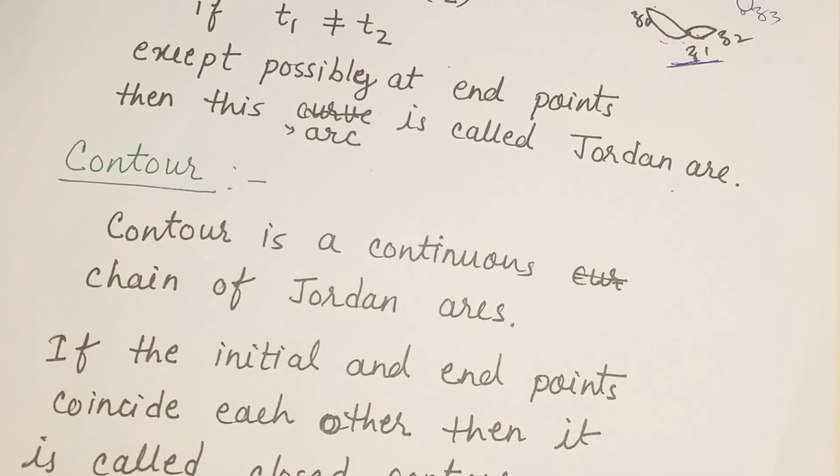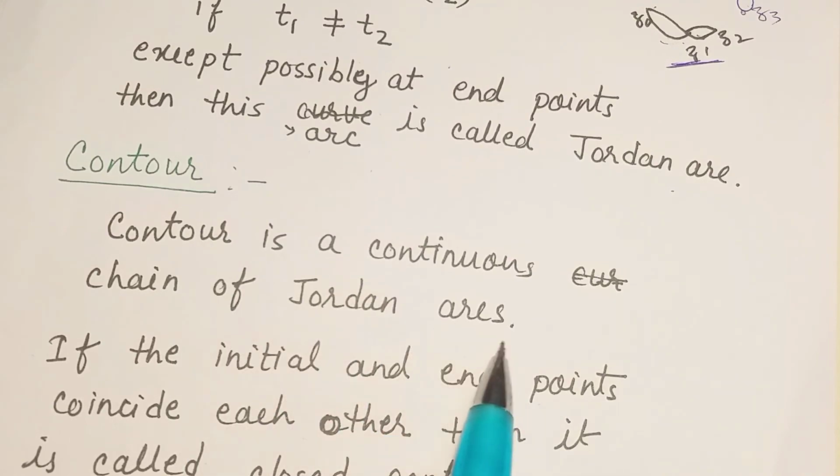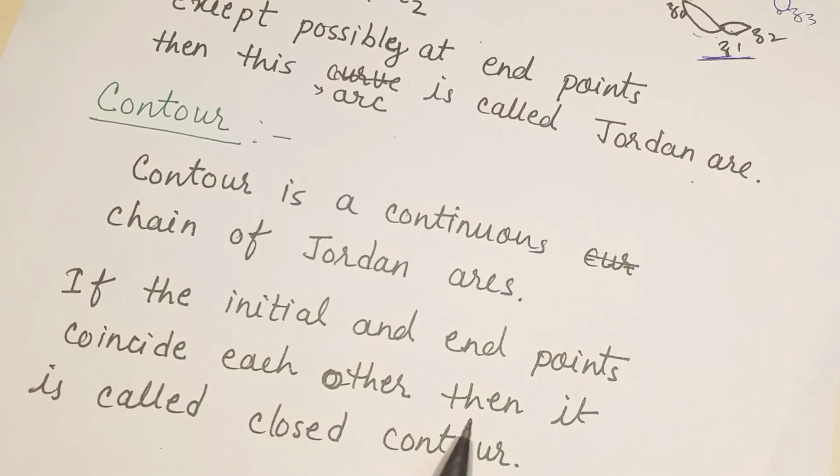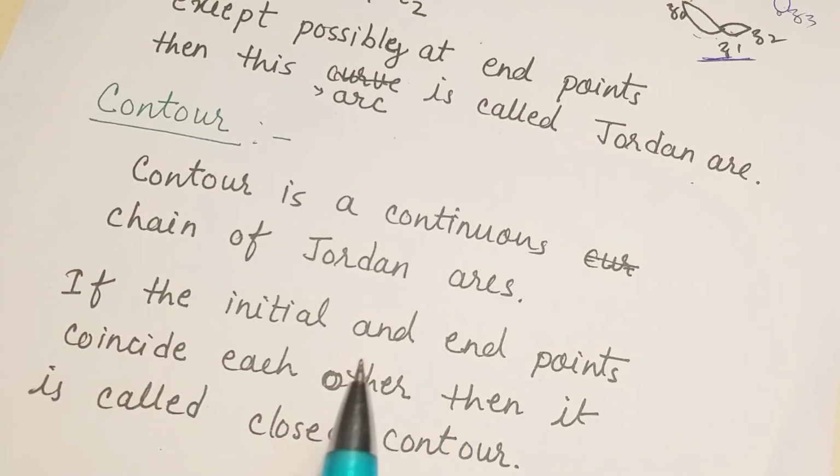Now next is contour. What is a contour? A contour is a continuous chain of Jordan arcs. Okay. If the initial and end points coincide with each other, then it is called a closed contour. Okay. So actually a contour is a class of curves over which we integrate any complex valued function.